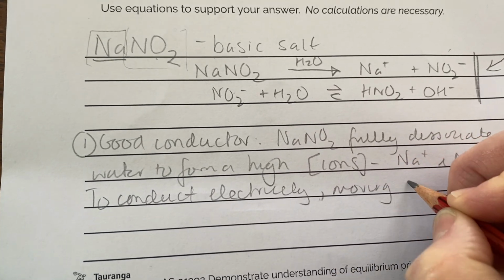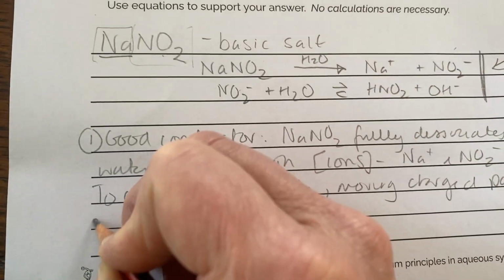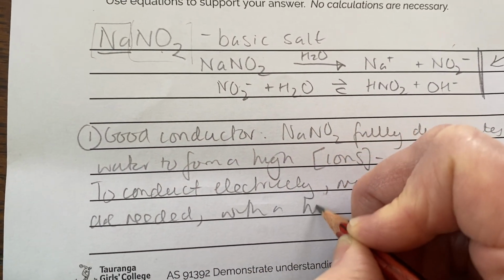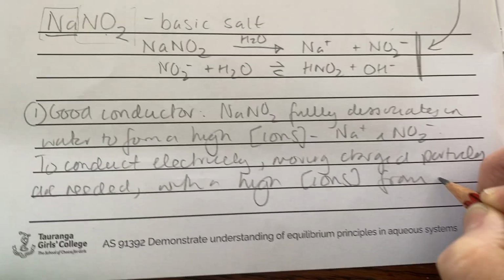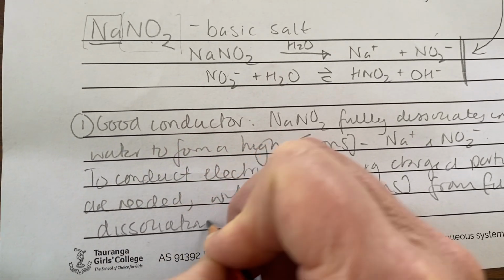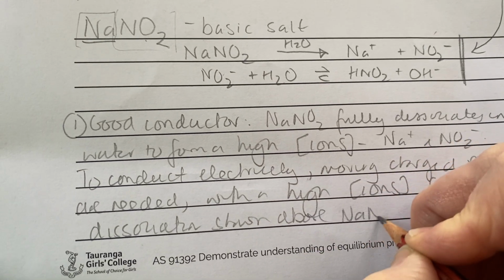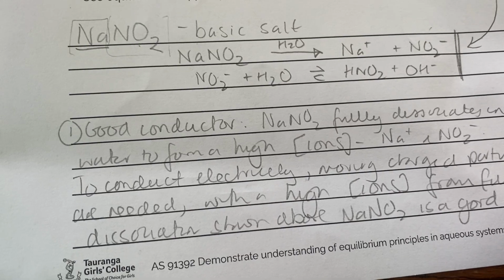Moving charged particles are needed, and with a high concentration of ions from the full dissociation shown above, NaNO2 is a good conductor.